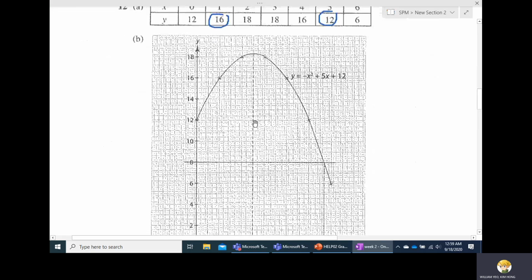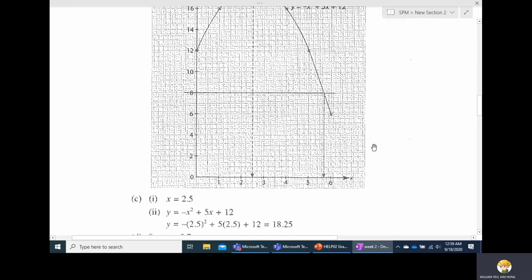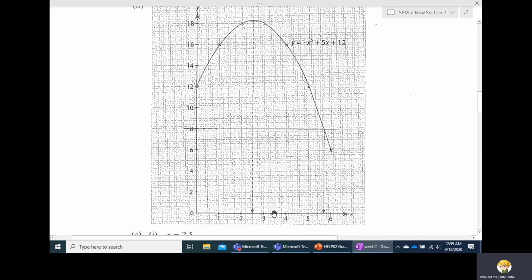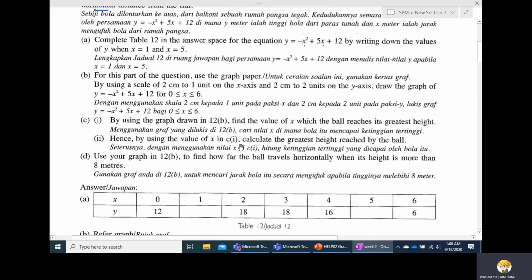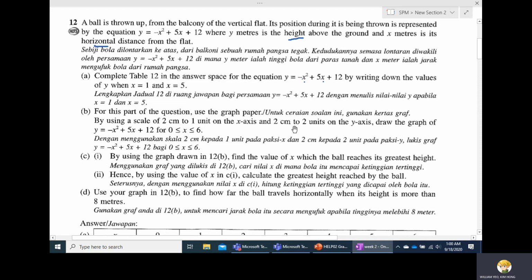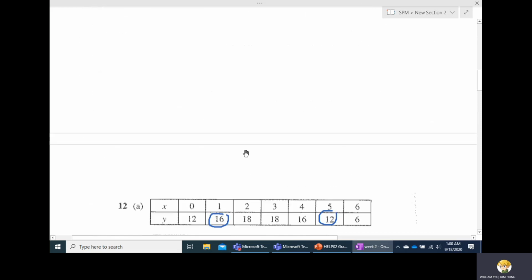It is not very clear here because I scanned from the book, but you can try it on your own. 0 to 6. Then for y, 2 cm for 2 units. Is this centimeter or meter? Centimeter. Okay, plot all the points.